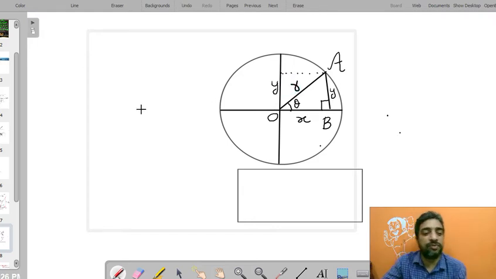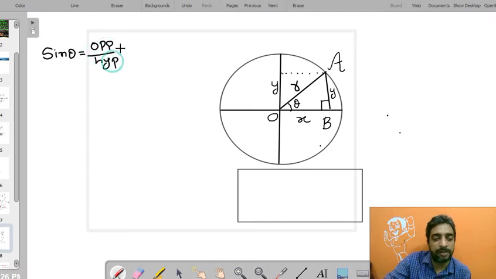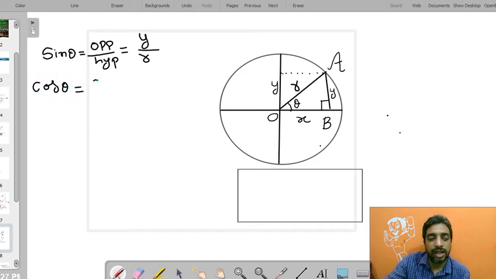Now let us see what is sine theta. Just now we discussed that sine theta is equal to opposite by hypotenuse. Theta opposite is y and hypotenuse, opposite the right angle, is r. In the same way, cos theta is equal to adjacent side by hypotenuse.